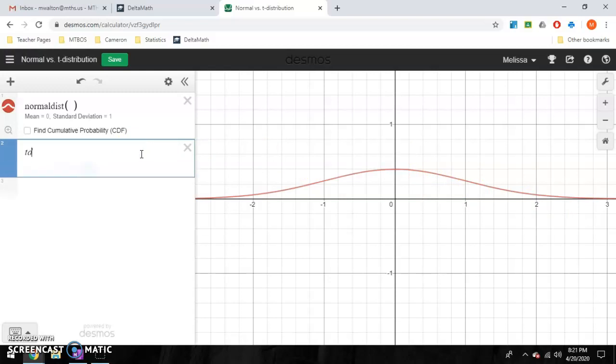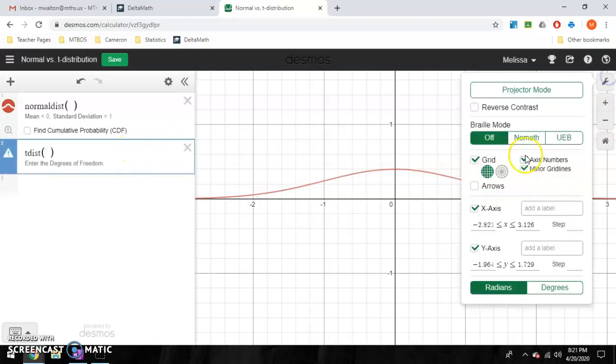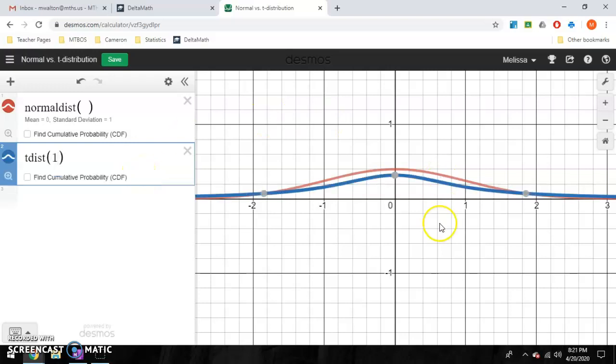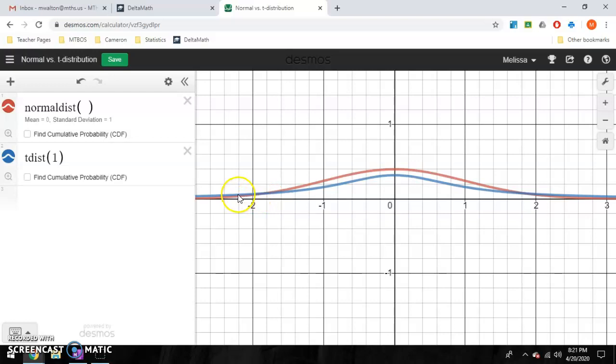Now let's talk about a t-distribution. It is going to ask me to enter the degrees of freedom. I'm going to say that the degrees of freedom is 1. And if you notice, our t-distribution with a degree of freedom of 1, the tail is a lot bigger. It's a little bit shorter in the middle.